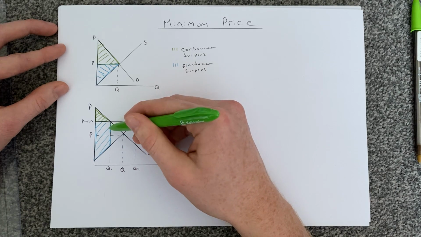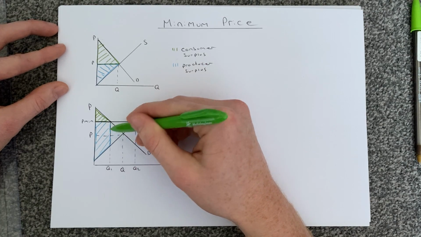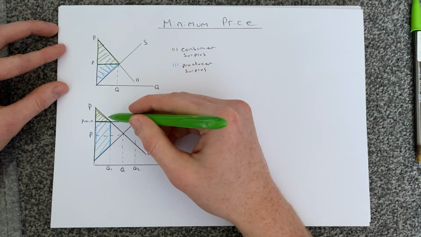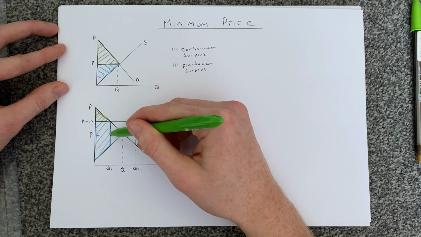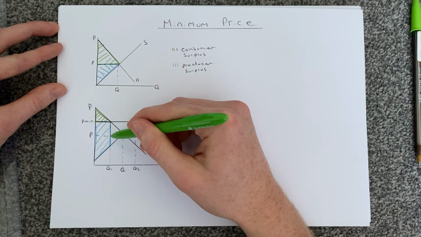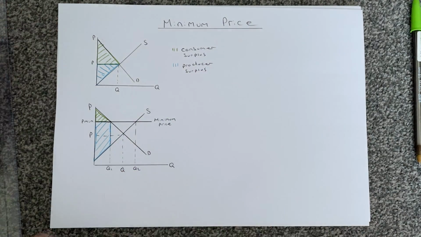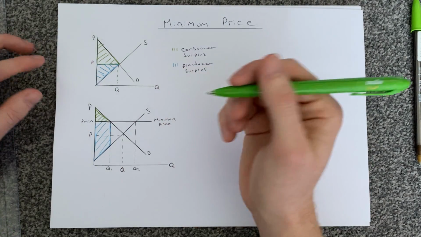So the reason the producer surplus doesn't extend to the right is because consumers are only demanding a quantity Q1. If consumers aren't buying it, then the producers aren't going to sell it, and there wouldn't be any benefit.